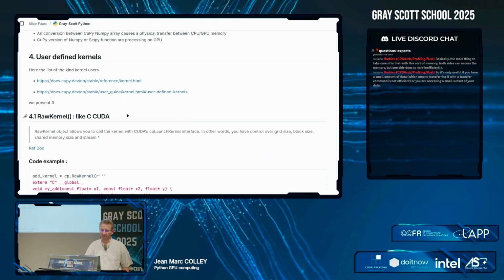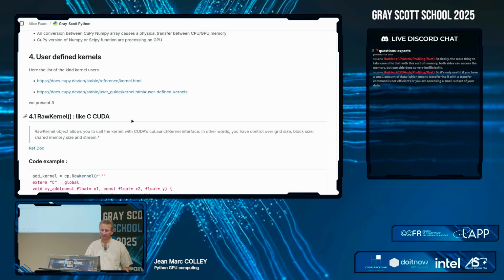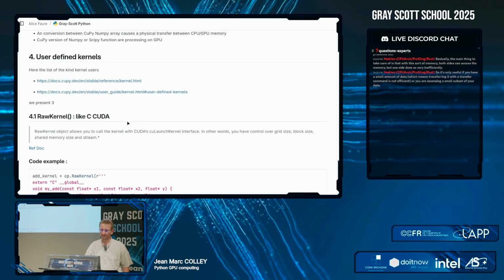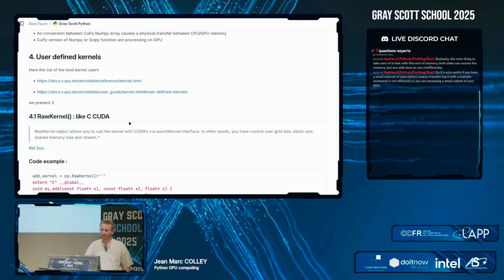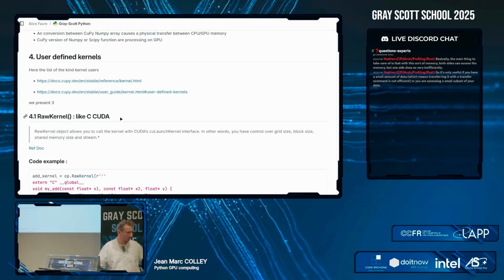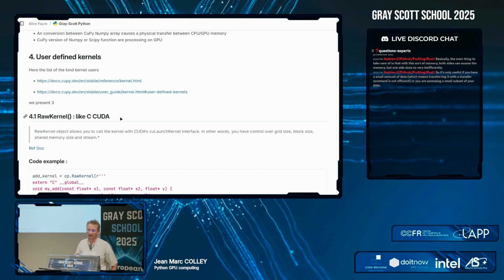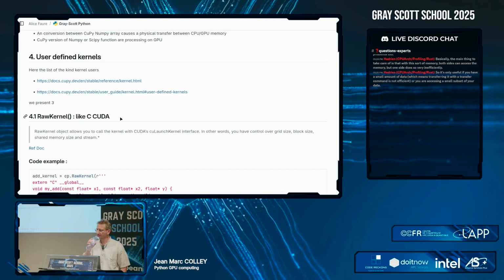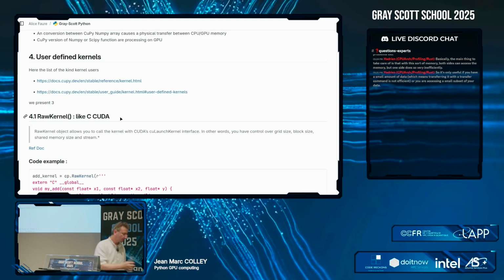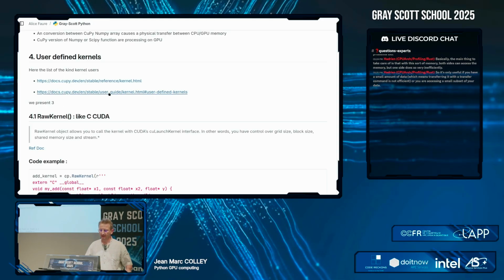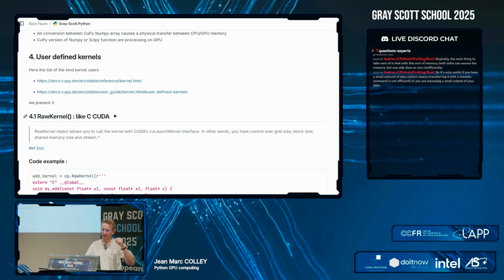Now we will talk about the user kernel. Maybe you can write all your code with NumPy and CuPy, but sometimes you must define a specific function, and CuPy accepts a user kernel.